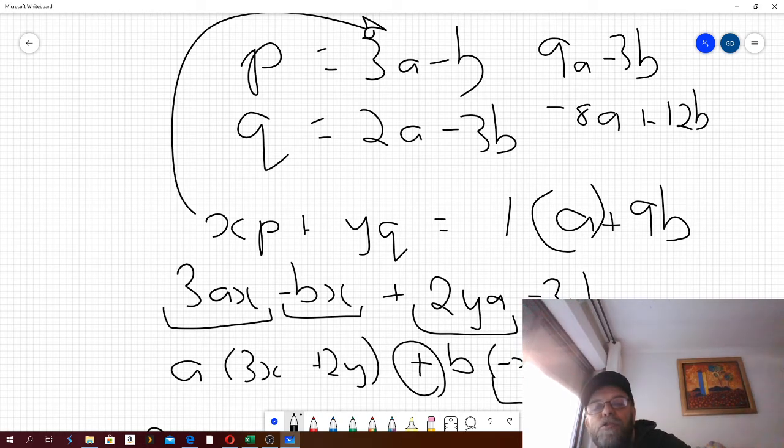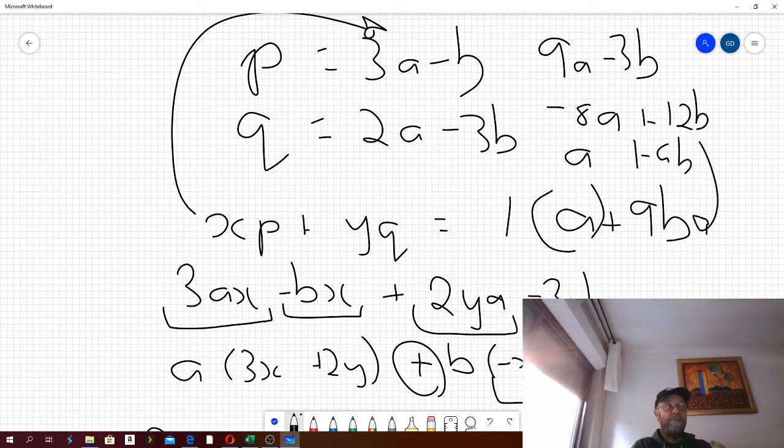Now when I add those two vectors together, and that's what we did over here, then 9a minus the 8a gives you a, and minus 3b plus the 12b gives you 9b, and exactly that is what we got. So you can see that those x values and y values must be correct, because they give us the vector a plus 9b that we were given originally.